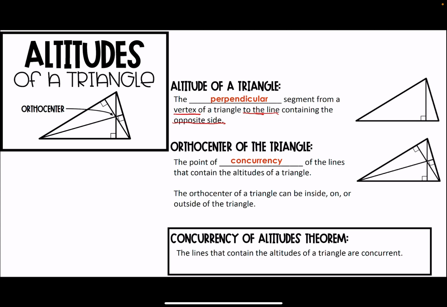The orthocenter of the triangle is the point of concurrency of the lines that contain all the altitudes. This is the only point of concurrency that can be inside, on, or outside of the triangle. And that's going to be the case when it's typically a right triangle.